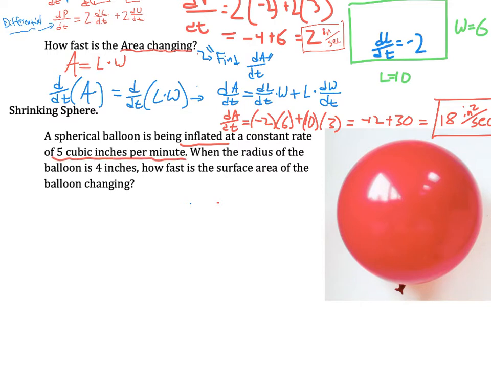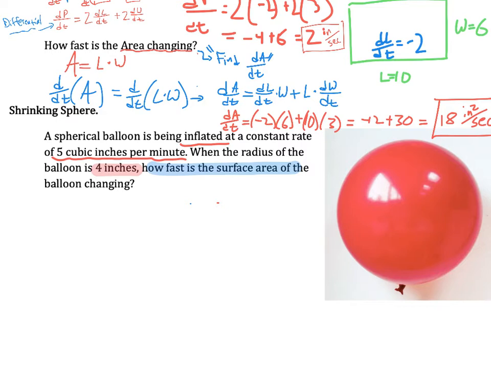We're going to investigate it at some moment in time, where the radius is 4, and we want to figure out how fast the surface area is changing. So let's translate that into expressions.